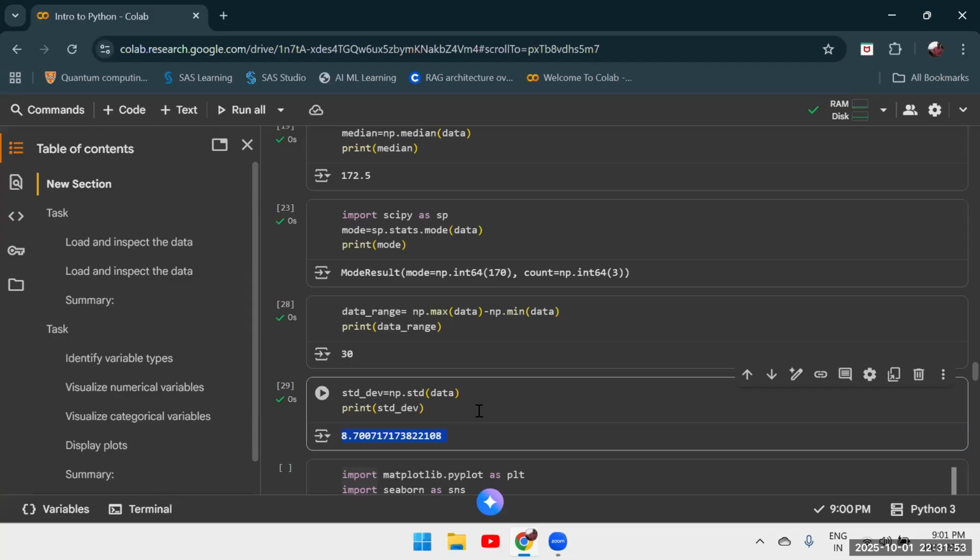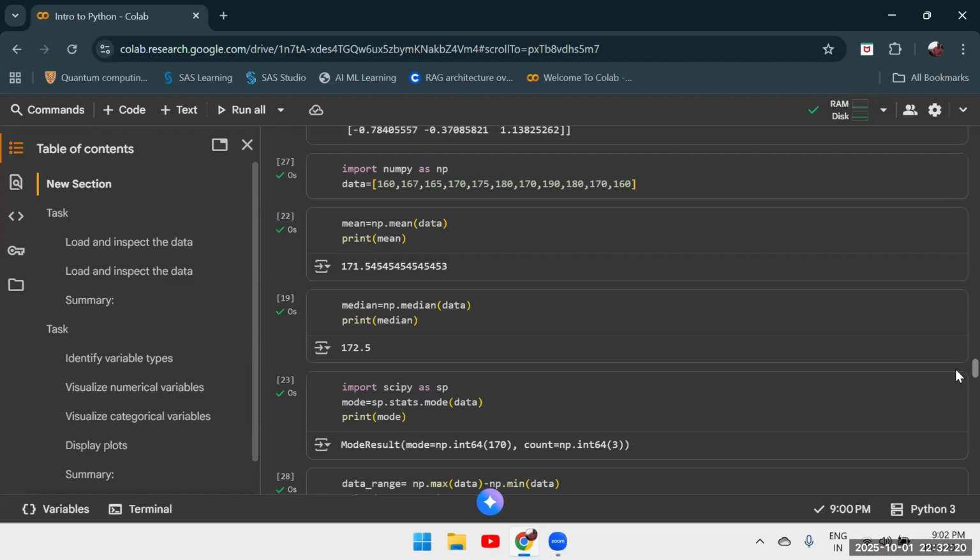So this is saying the values are away from the mean by 8.7, which means the spread of this data from the mean is ranging by just 8.7 only. It is basically saying not a very large difference.